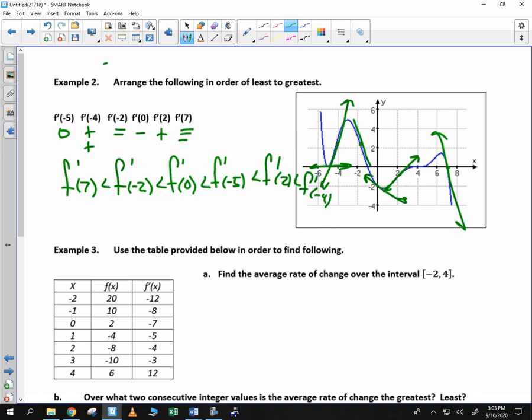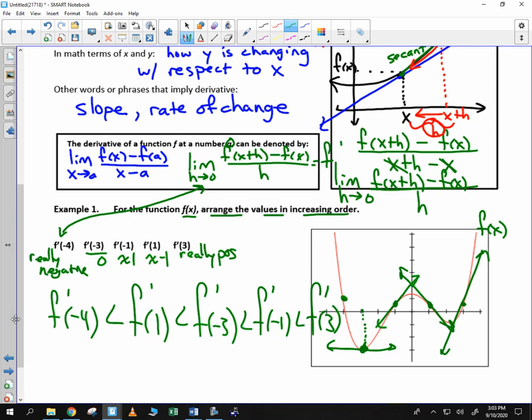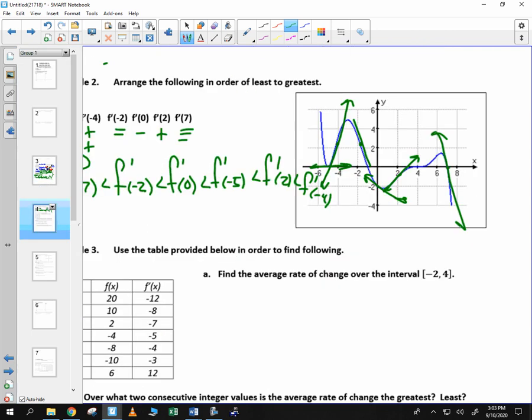And there you have it, okay? Order least to greatest. So when you're asked to find f prime, that means the derivative or the slope at a point. So again, that little tick mark up there means that we're looking at the slope of the tangent line. That's how we compute it. We're actually going to start computing that later on.